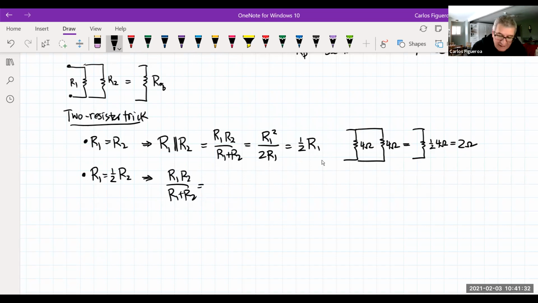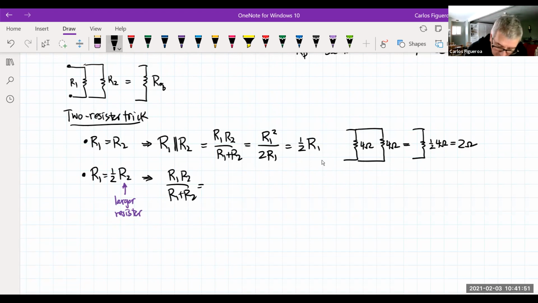Now I'm going to plug that guy in. So look what I get. I'm going to replace. So now this tells me here that R2 is the larger resistor. So you want to write everything in terms of the larger resistor.